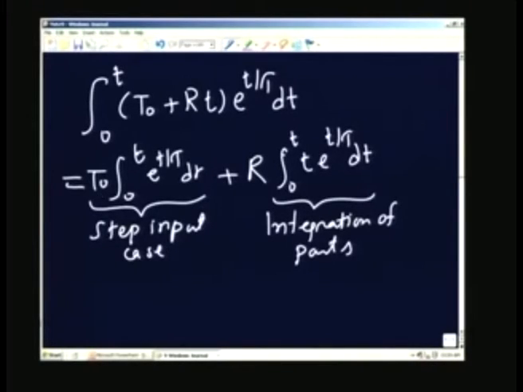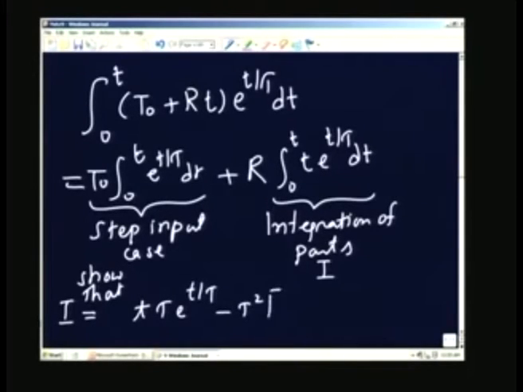This integral 0 to t t e to the power of t by tau dt can be integrated by parts, and it can be shown. So, this becomes, I will call it I, show that this is equal to, so I will just give the final expression, t multiplied by tau e to the power of t by tau minus tau squared into e to the power of t by tau minus 1, by integration by parts.